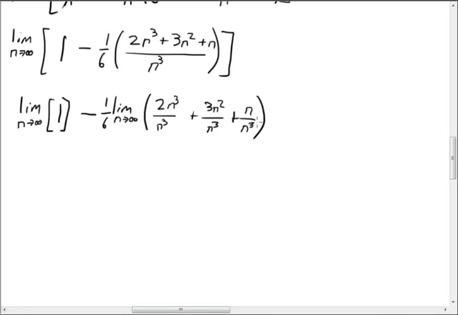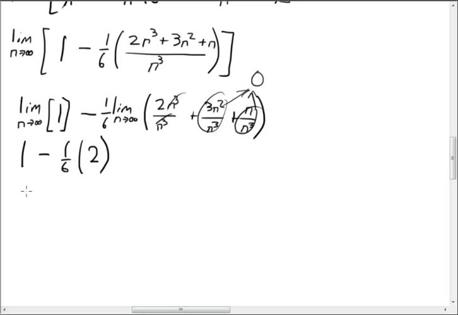Now, we can see here that as n goes to infinity, these are going to go to 0 because we have a larger power on the bottom and a smaller power on the top. This actually cancels out. So we get 1 minus 1/6 times 2.